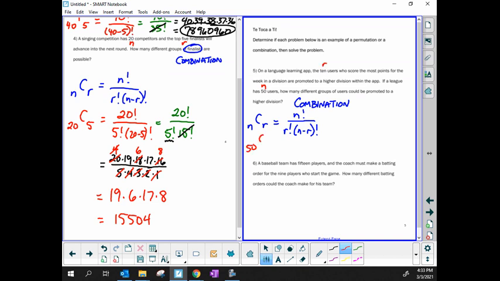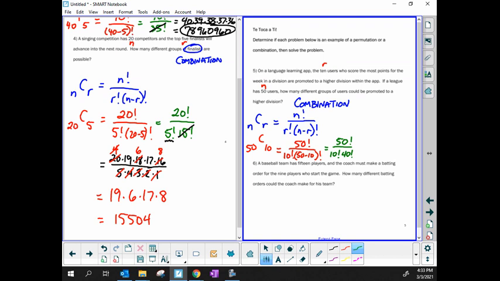So this is really 50 C 10. So in this formula, we're going to replace the n's with 50s and the r's with 10s. So this becomes 50 factorial over 10 factorial times 50 minus 10 factorial. Well, let's subtract 50 minus 10, so we get 50 factorial over 10 factorial times 40 factorial.